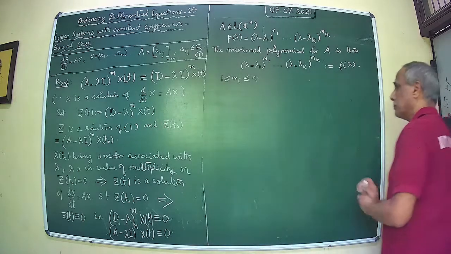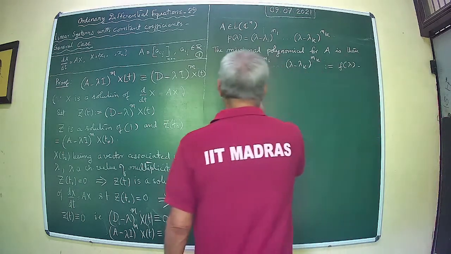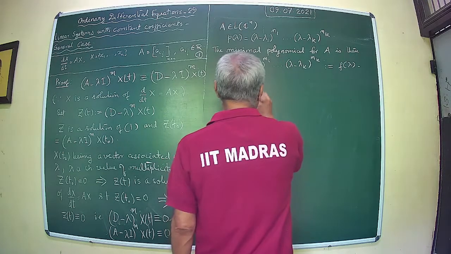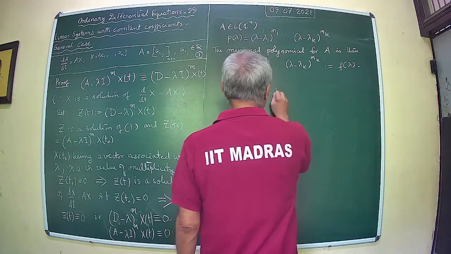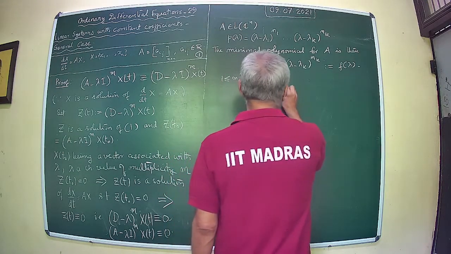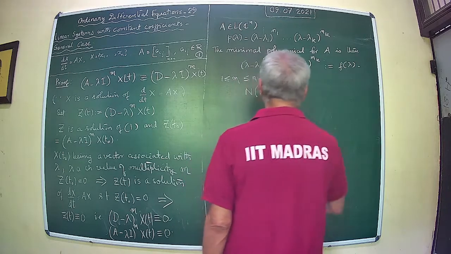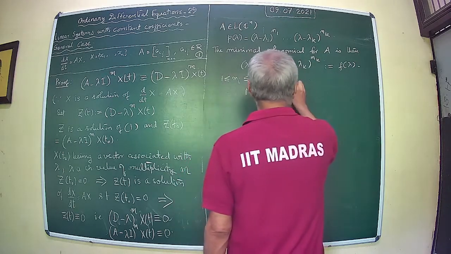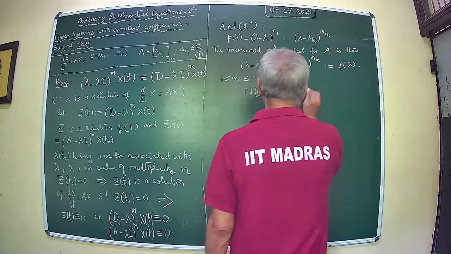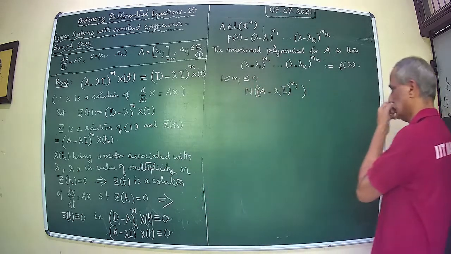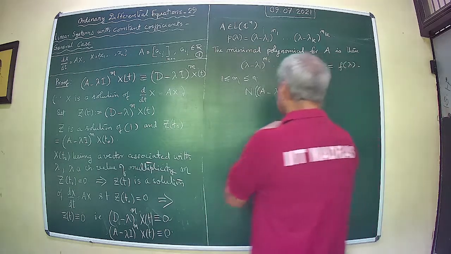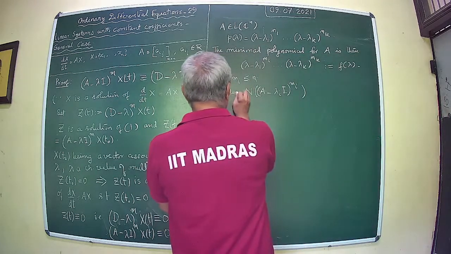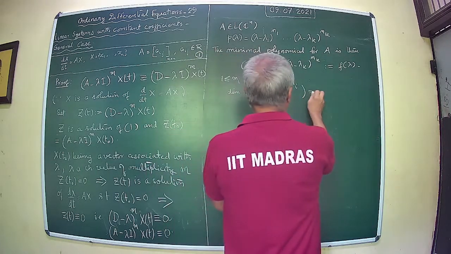where 1 less than or equal to... now what one can prove is this: the null space of to the power mi, the dimension of this is equal to ni.